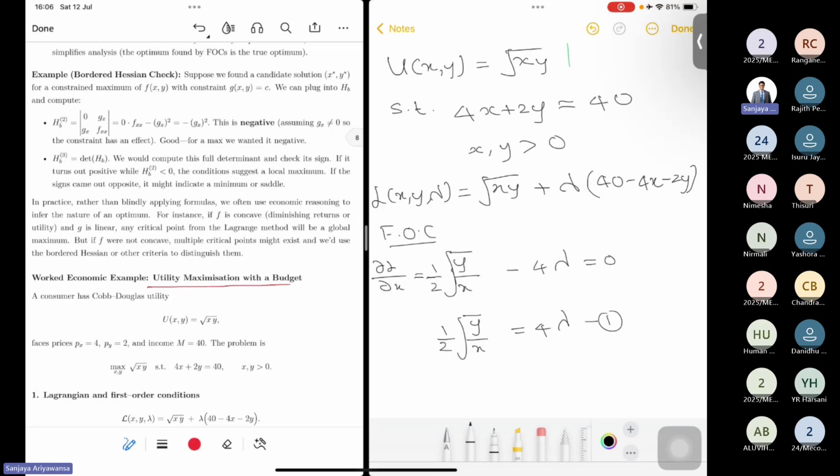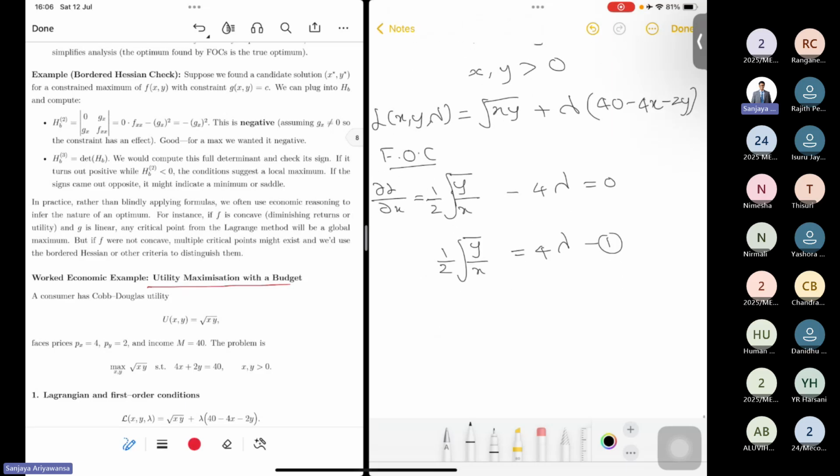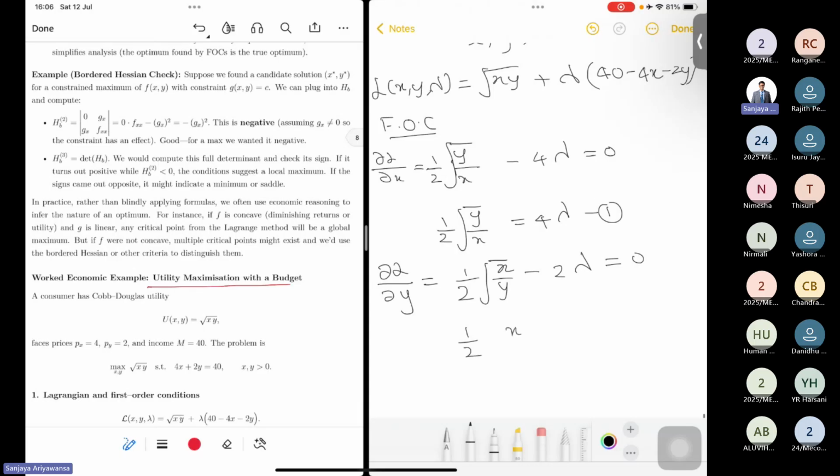That's your first equation. And then I partially differentiate your Lagrangian with respect to y, and I get half times the square root of x over y, minus 2 lambda, and I set it to 0. So from that I get half times the square root of x over y equals 2 lambda.